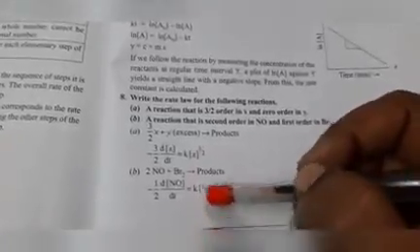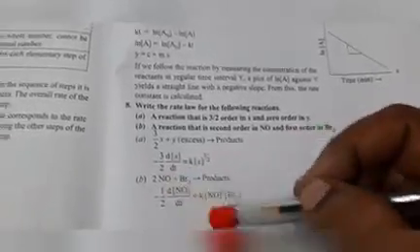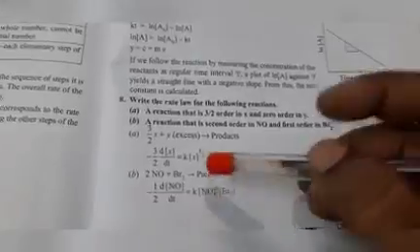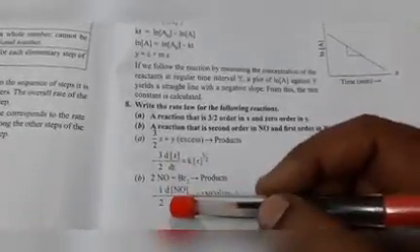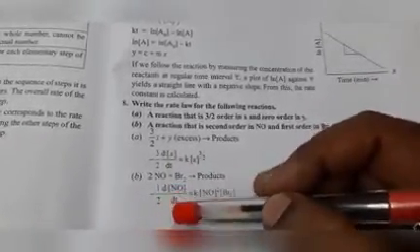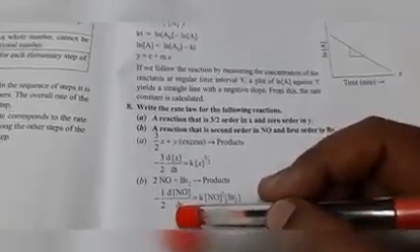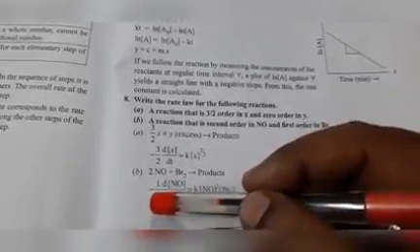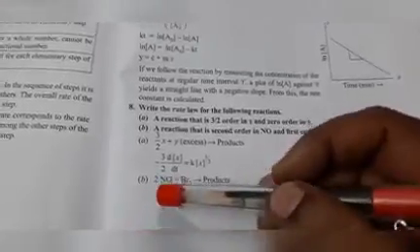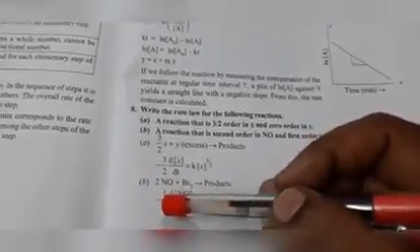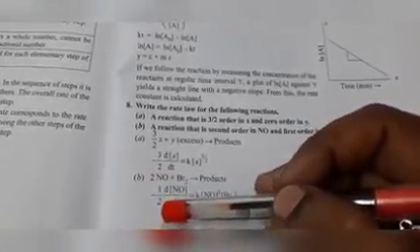So rate is equal to K into concentration of NO squared into concentration of Br2. For rate, it is the change in concentration of reactant divided by time taken. If you write it based on the reactant, you should put a minus, and the stoichiometric number is 2, so the reciprocal of that number should be written here. That's all. Thank you.